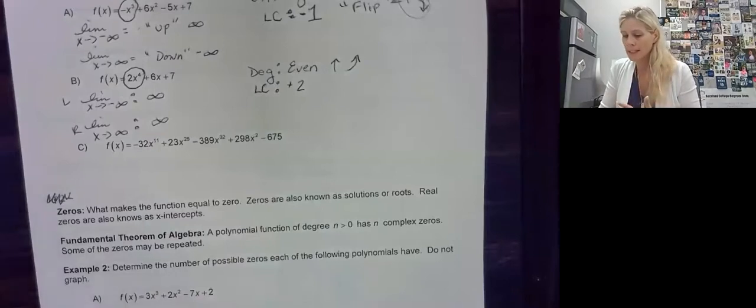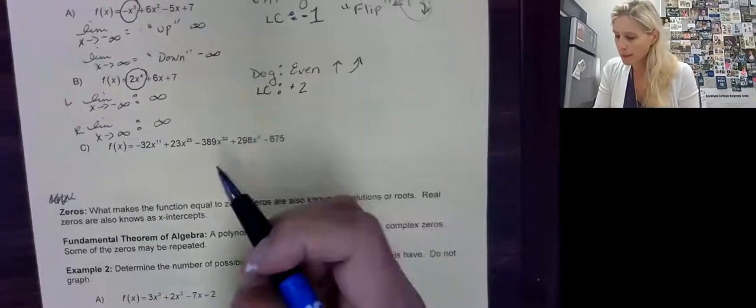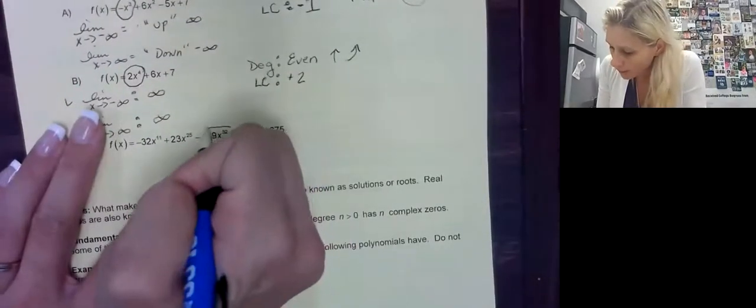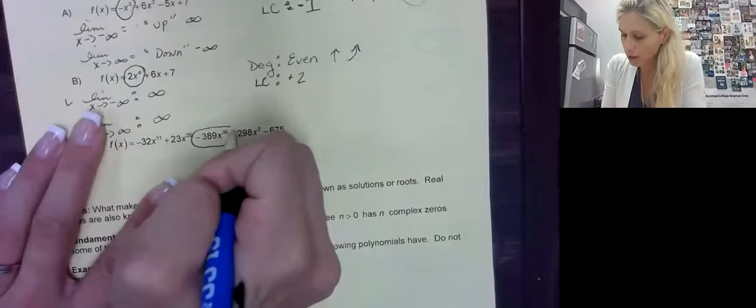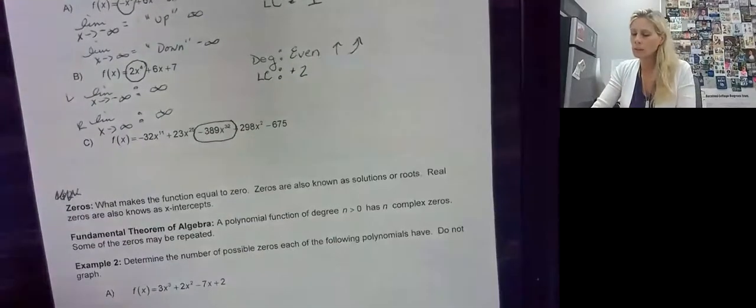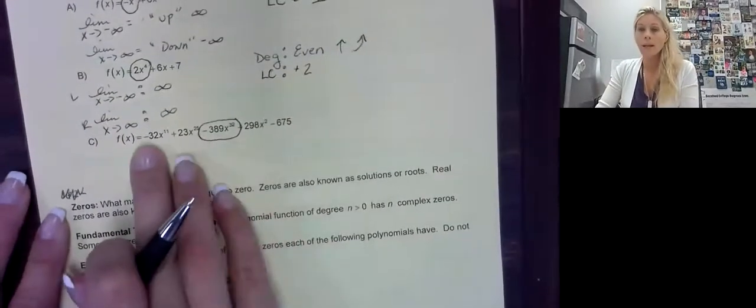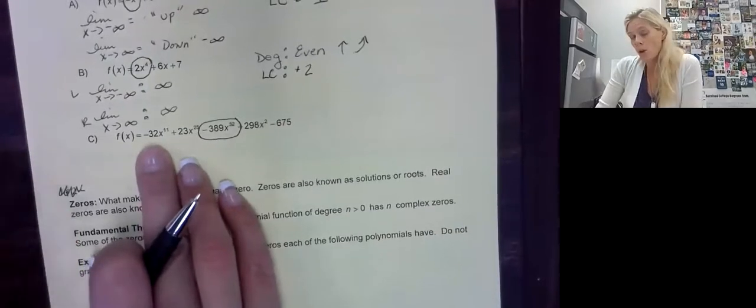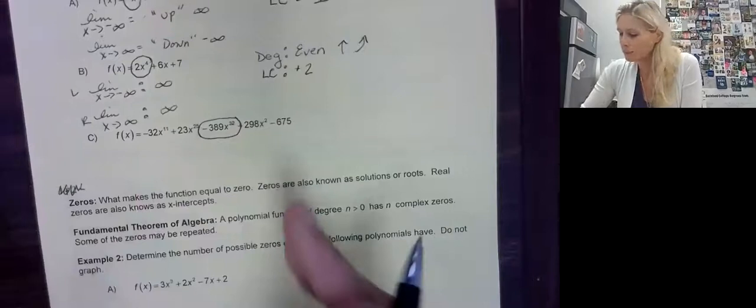If we were in standard form, we would have to start with the largest exponent. Which one has the largest exponent? Right here, that 32. So that coefficient in front is our new leading coefficient. So this is what I'm looking at, not this one. If you don't want to write it in standard form, don't do it. Just circle it like I did.